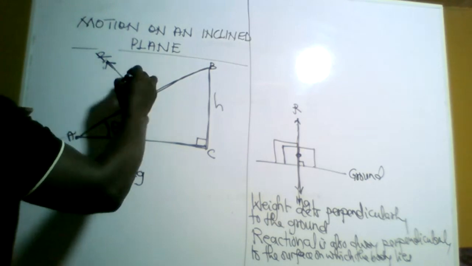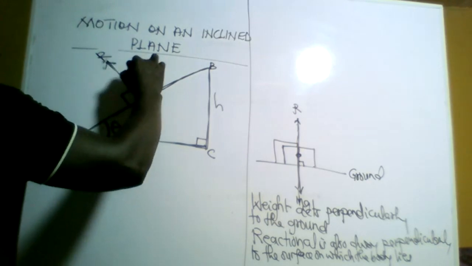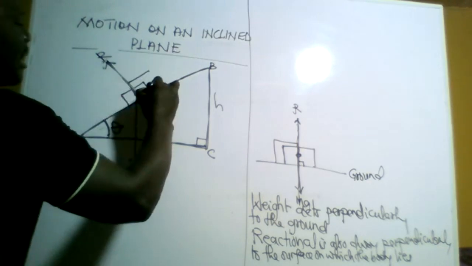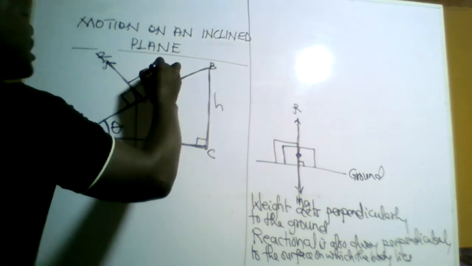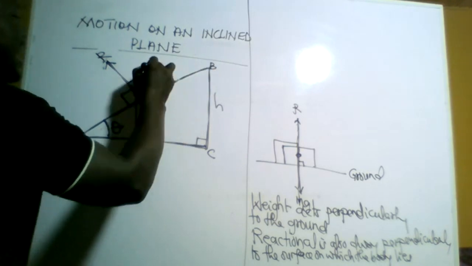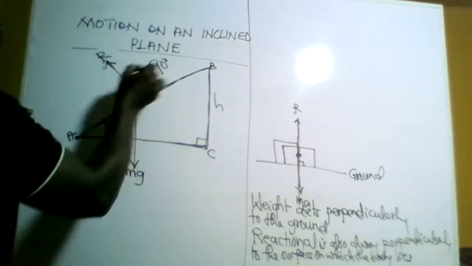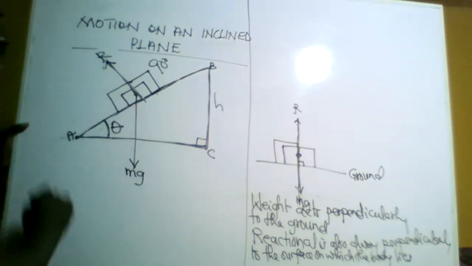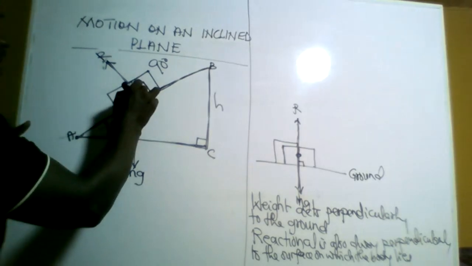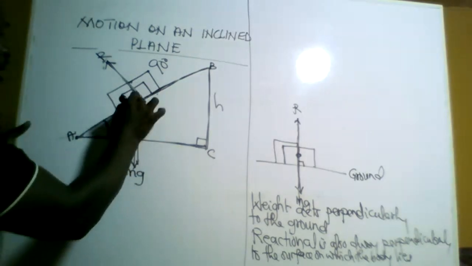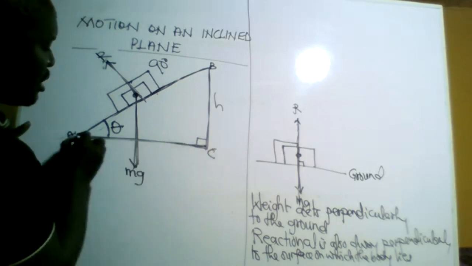So when you determine the angle between the reaction and the area at which the body lies, you must get an angle of 90 degrees at this end or at this end. But as for the weight, it is always also perpendicular to the ground.